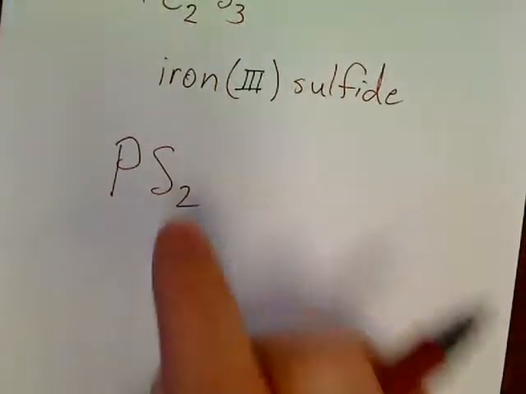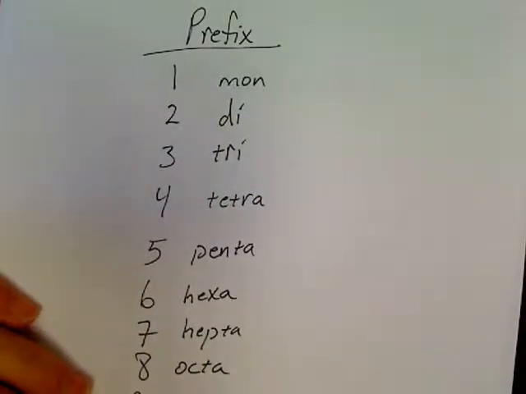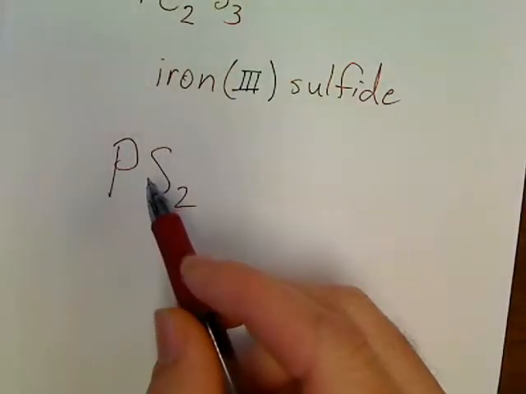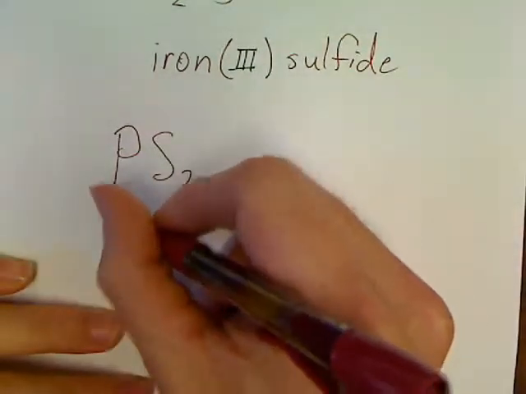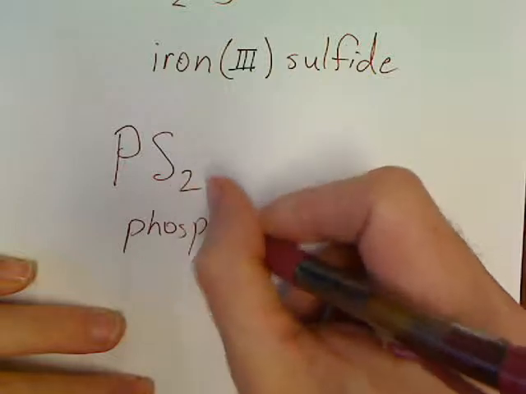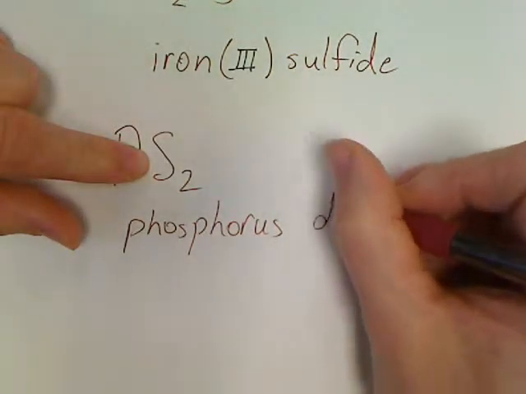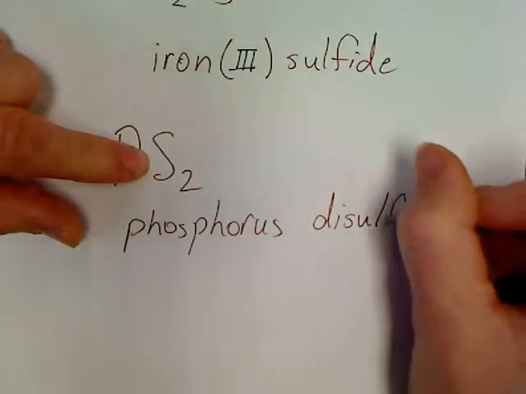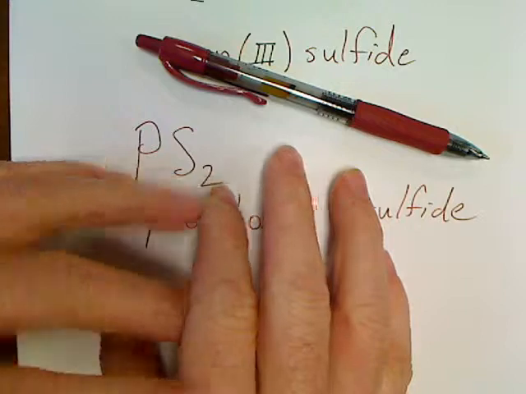Uh-oh. If this is covalent, I can use this sheet of paper. I can use my prefixes. So since this is covalent, I've got 1 phosphorus. Don't say monophosphorus. Just say phosphorus. And then 2 sulfurs means disulfide.